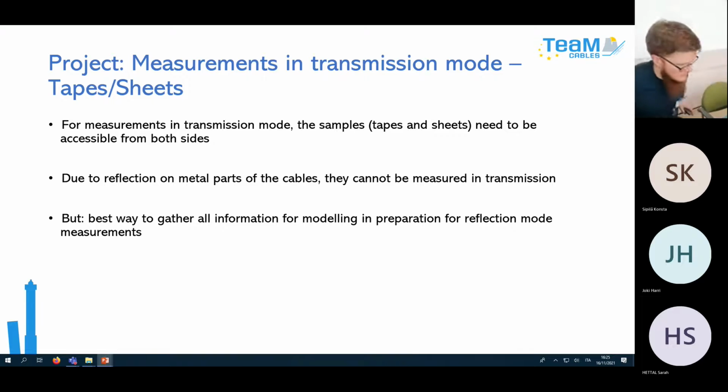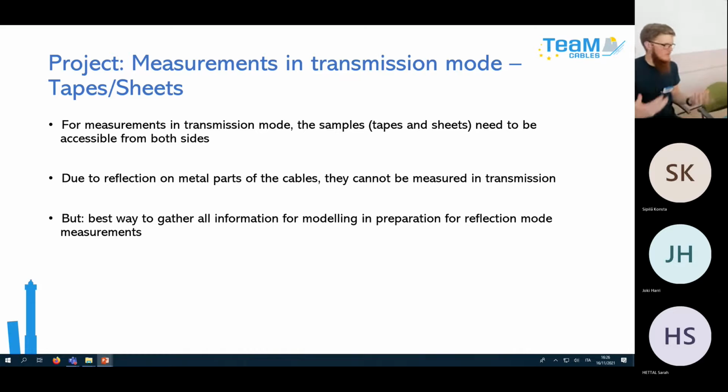But as you can imagine, the cables mostly have a metal shielding, right? Something like a copper mesh, for example, between the outer jacket and the insulation. And due to the reflection of the terahertz waves on the metal parts of these cables, they cannot be measured in transmission, because, in contrary to Unibo, we are not looking inside the cable, we are looking from the outside on the cable.